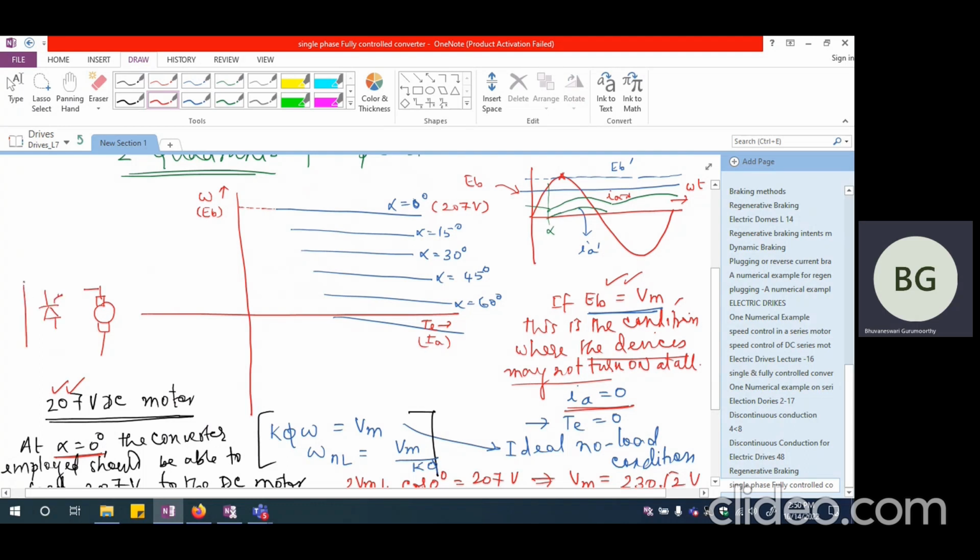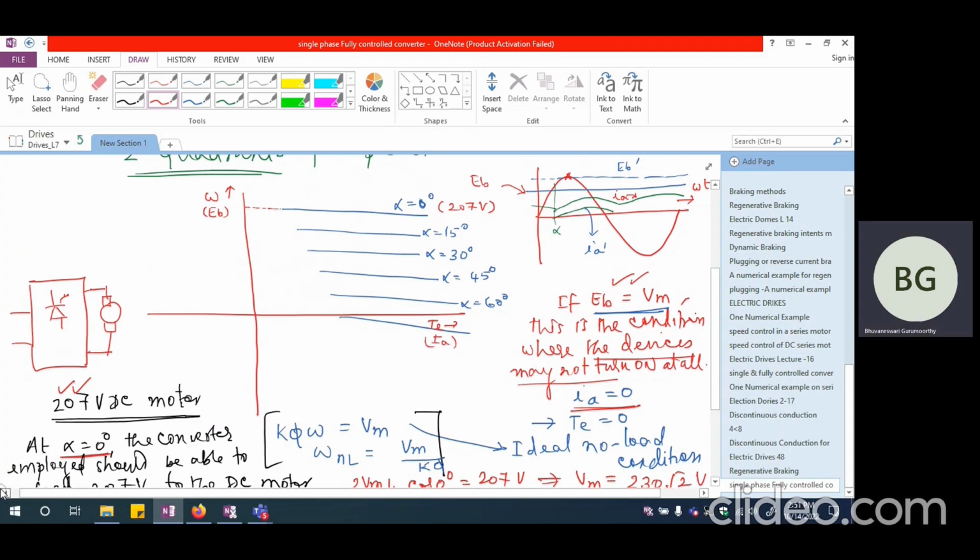So I'm showing a converter as a black box and I'm going to feed it from the converter. And here is my single phase supply, which is going to have 325 volts as the peak. Only then I'll be able to get 207 volts at alpha equal to 0 degree.